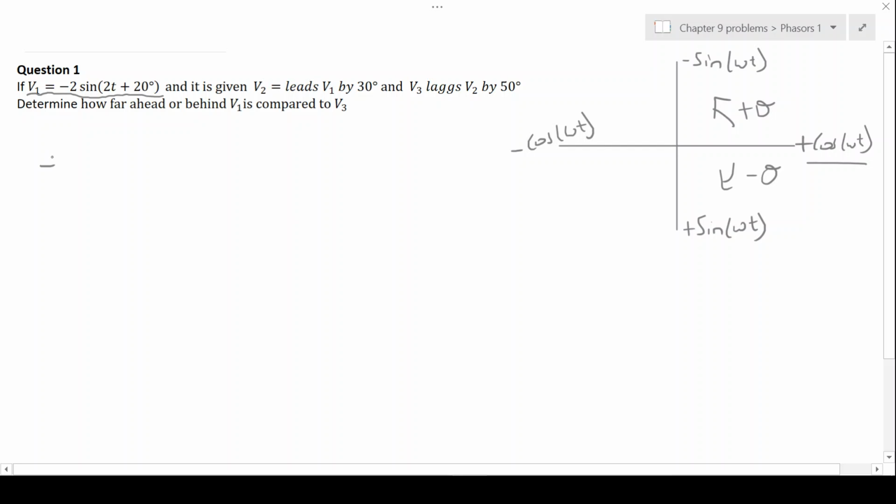So what will minus 2 sine of 2t plus 20 degrees be? That will give us 2 cos of 2t plus 20 degrees.